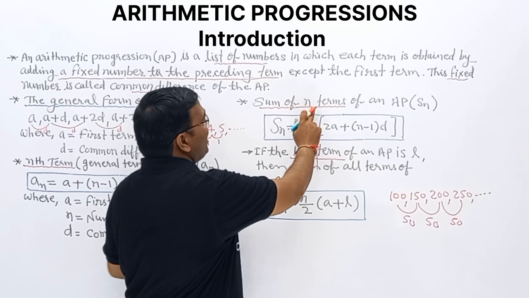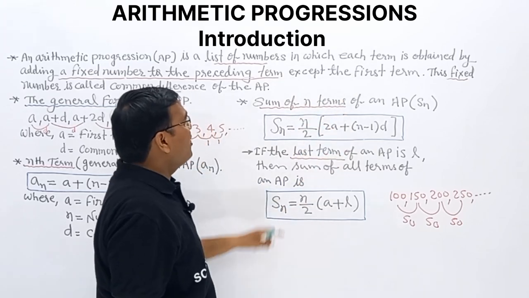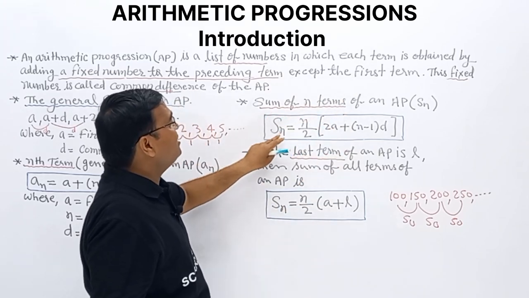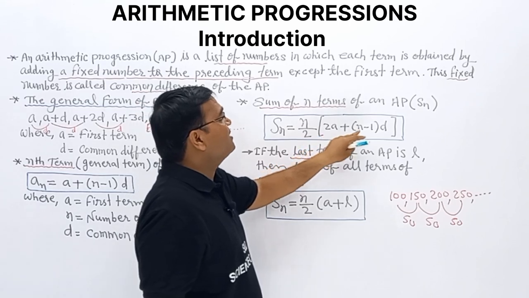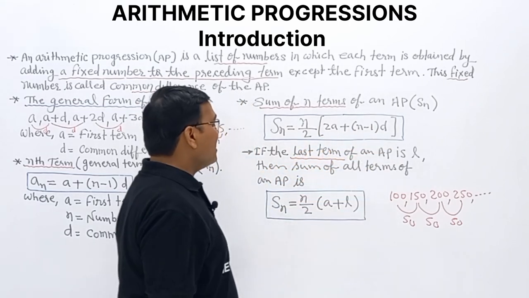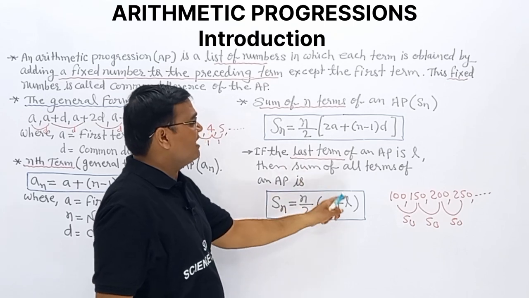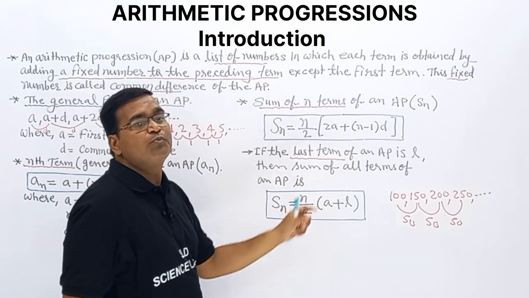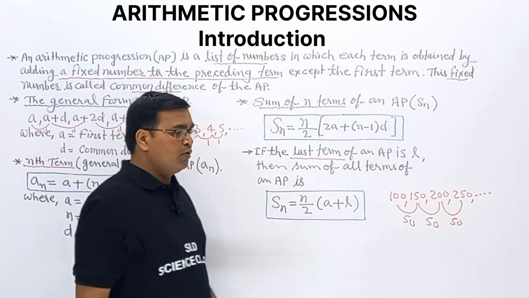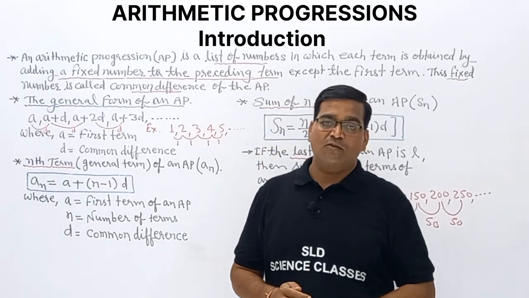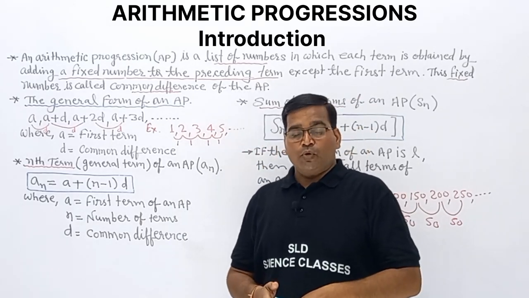To find the sum of n terms of an AP, Sn equal to n by 2 into (2a plus (n minus 1) into d). If we have the last term, the nth term, then we put it directly there and use this formula. Clear? So this is the basic introduction of arithmetic progressions.